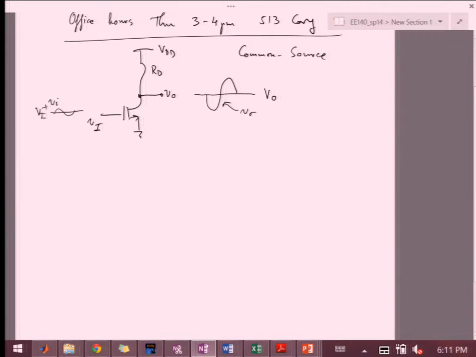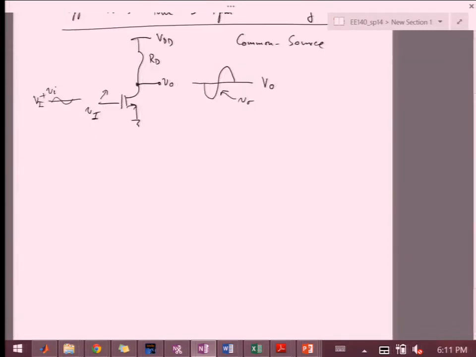The opposite phase is because, as you can inspect, if I increase the gate voltage, I'm increasing the drain current, let's make this the real ID.